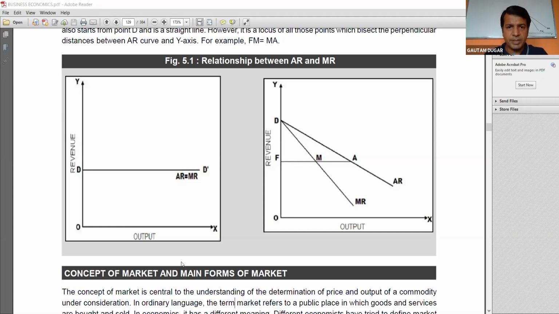Sorry, there was a disturbance. In this diagram, you have AR equals MR in perfect competition on the left hand side. On the right hand side, you have AR and MR under imperfect competition.